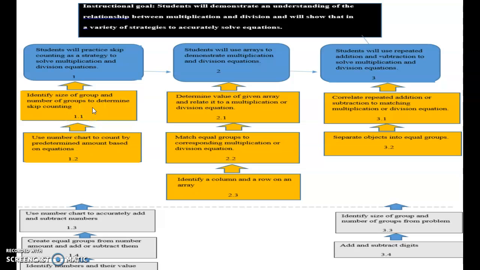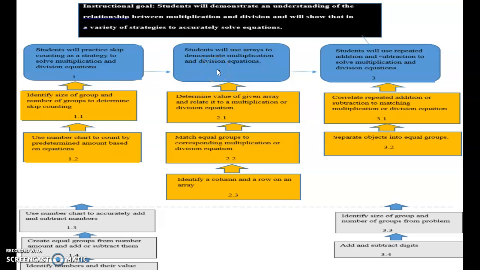Then the next lesson they will go through is having them identify the size of the group and number of groups to determine the skip counting. And then towards the end, they'll be able to meet that final lesson for that actual plan.